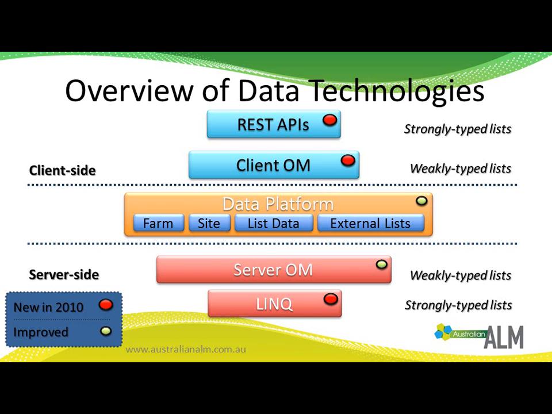The other nice thing now is that they've actually got on the LINQ bandwagon, and you can use a tool called SPMetal now to run against your list and produce a strongly typed proxy class that allows you then to use LINQ syntax to query your list. So from a developer perspective, it's very easy and clean code to actually start querying your data on the server side within your web parts.